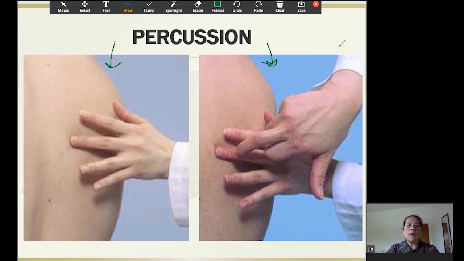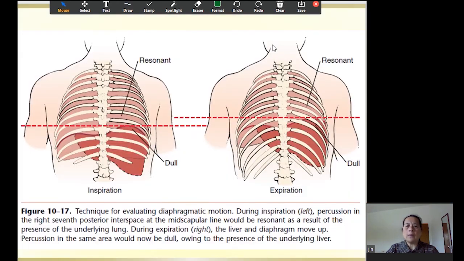So we hear the sounds, and we still compare the sounds coming from both sides. If both sides are the same, it should be normal. And we are also talking about the lung.